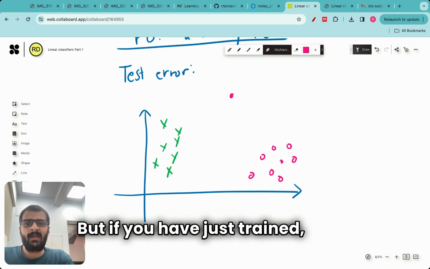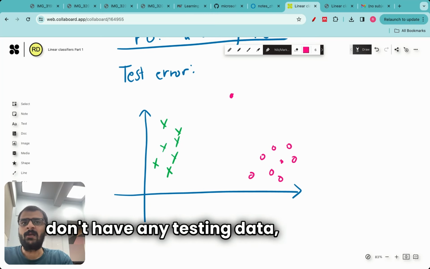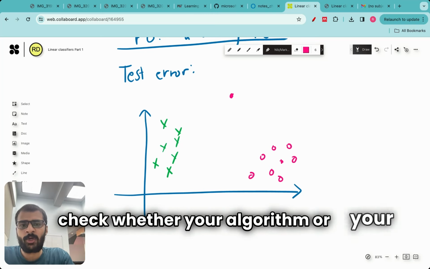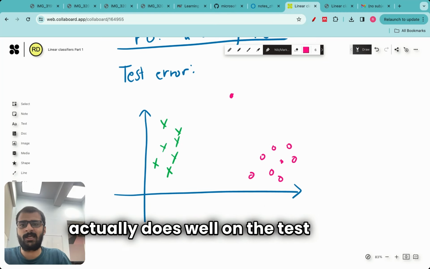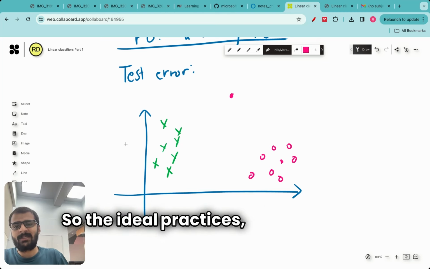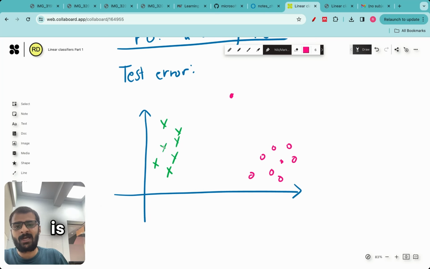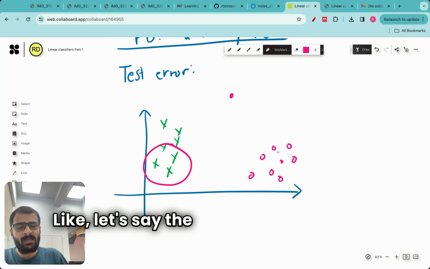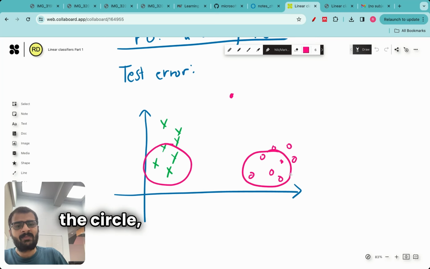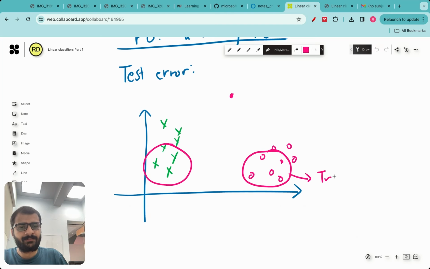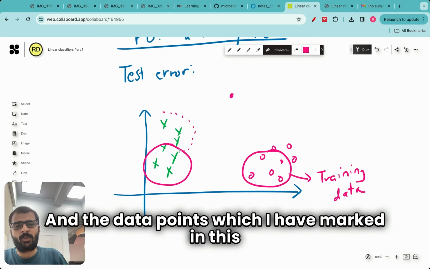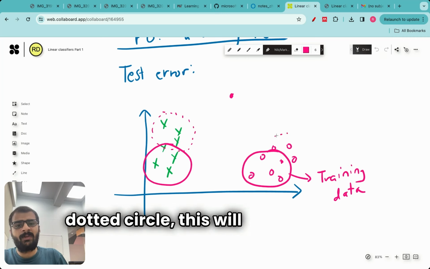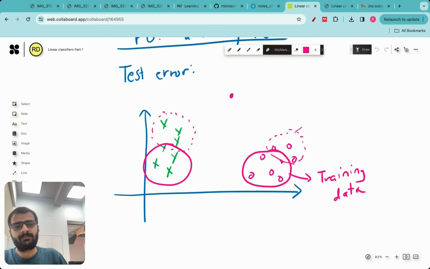But if you don't have any testing data, how will you check whether your algorithm or your training procedure actually does well on the test data? So the ideal practice, what machine learning practitioners do, is that they choose some, let's say the data points which I've marked in the circle, to be used as training data, and the data points which I've marked in this dotted circle to be used as my testing data.